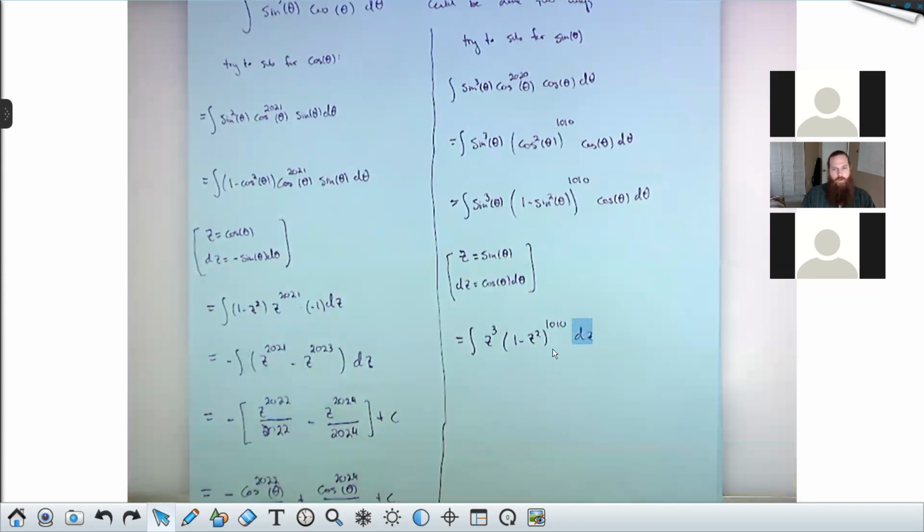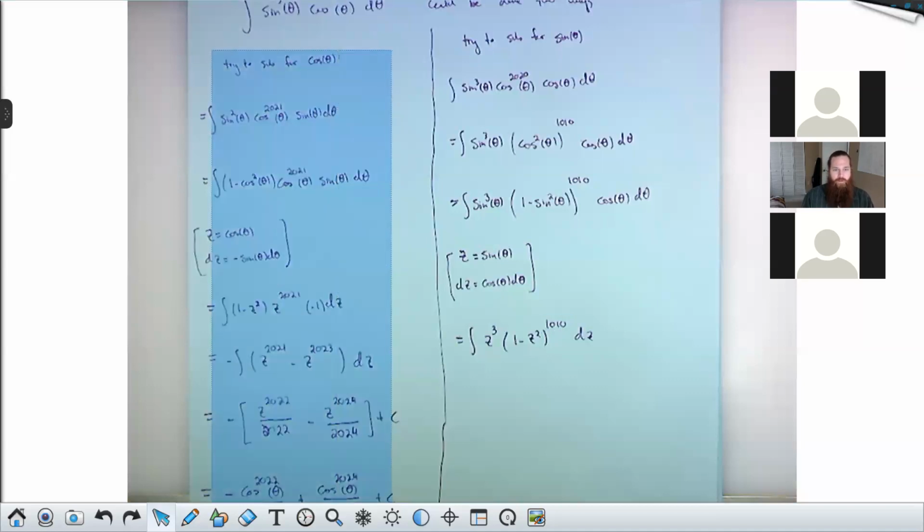If I wanted to integrate this, I would have to first FOIL this out, then distribute this, then use my power rule. Is it possible? Yeah. Yeah, it is. You have to multiply 1 minus z squared by itself 1010 times. Okay, that's doable, but why?